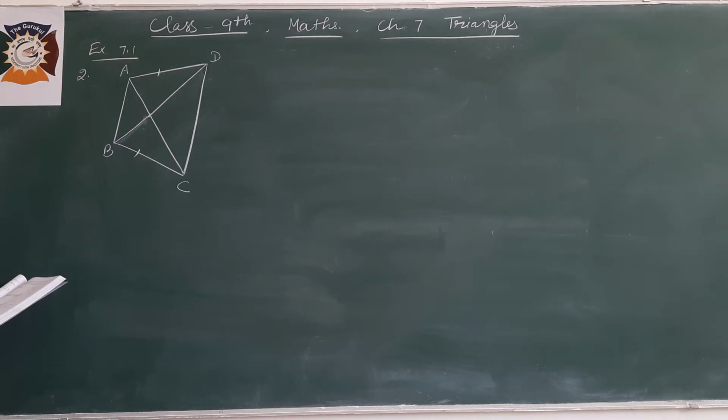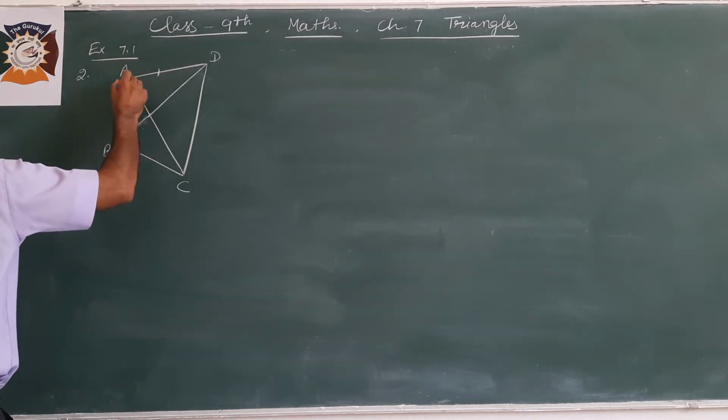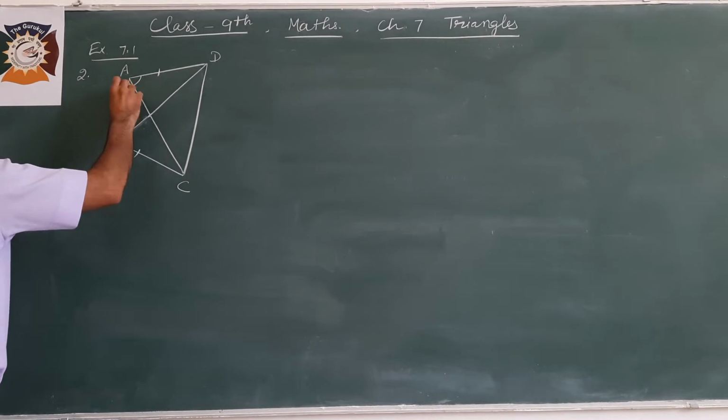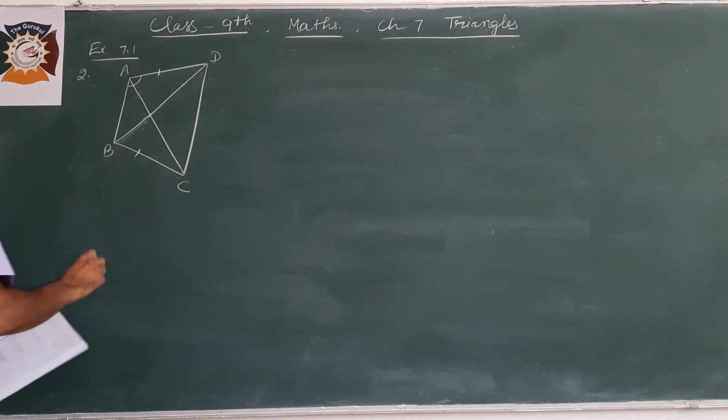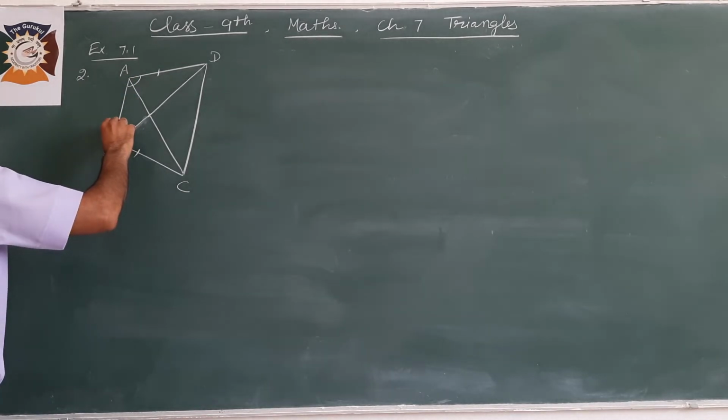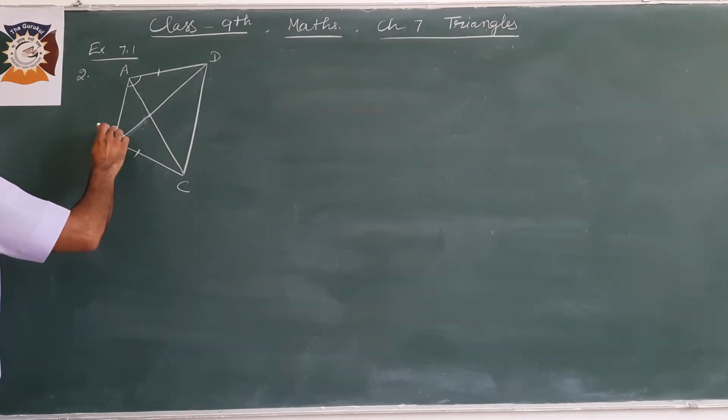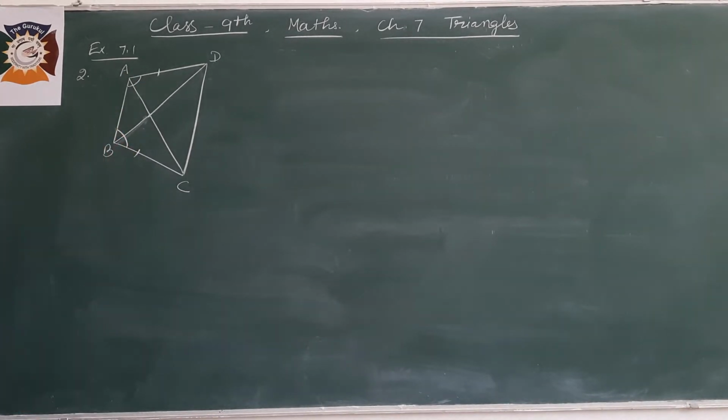Angle DAB, this complete angle, and angle ABC or CBA, this complete angle, these two angles are equal. And we have to prove three parts. First, triangle ABD is congruent to triangle BAC.